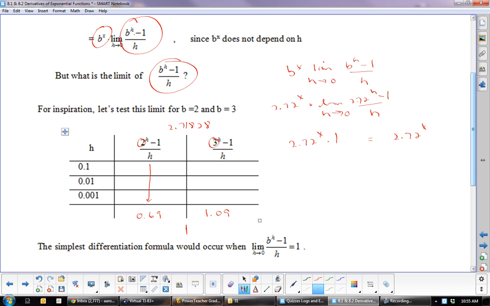So it is the only power in the world whose derivative is itself. And that number is not just 2.71828, it's 2.7128 and so on, it goes on forever. And it is given the letter e.